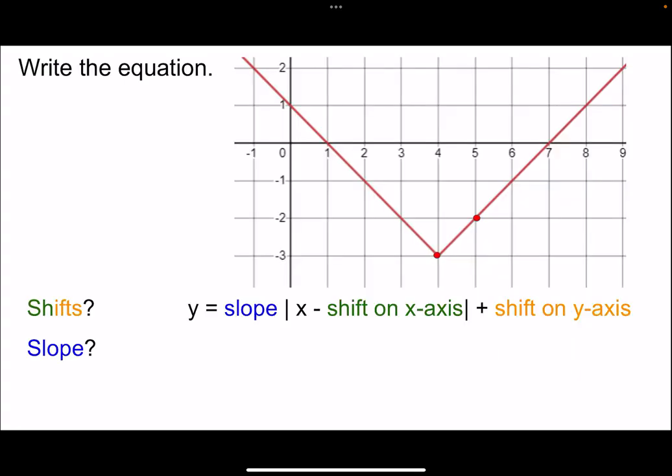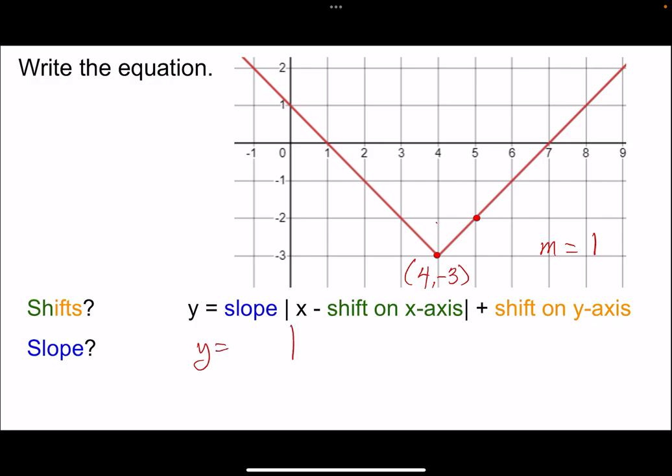All right, so let's look at this one. Vertex is at 4, -3. It opens up, so I'm going to have a positive slope. The slope is up 1 over 1. Slope is a +1. So I write my equation. Y is equal to the slope. I don't have to write the 1.